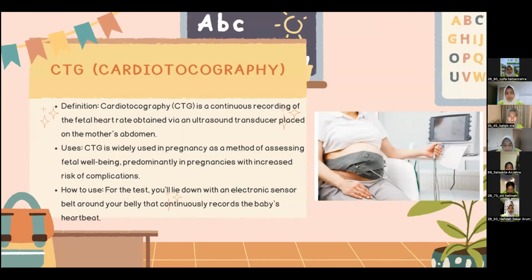CTG is widely used in pregnancy as a method of assessing fetal well-being, predominantly in pregnancies with increased risk of complication. How to use. For the test, you lie down with an electronic sensor belt around your belly that continuously records the baby's heartbeat. Next slide.